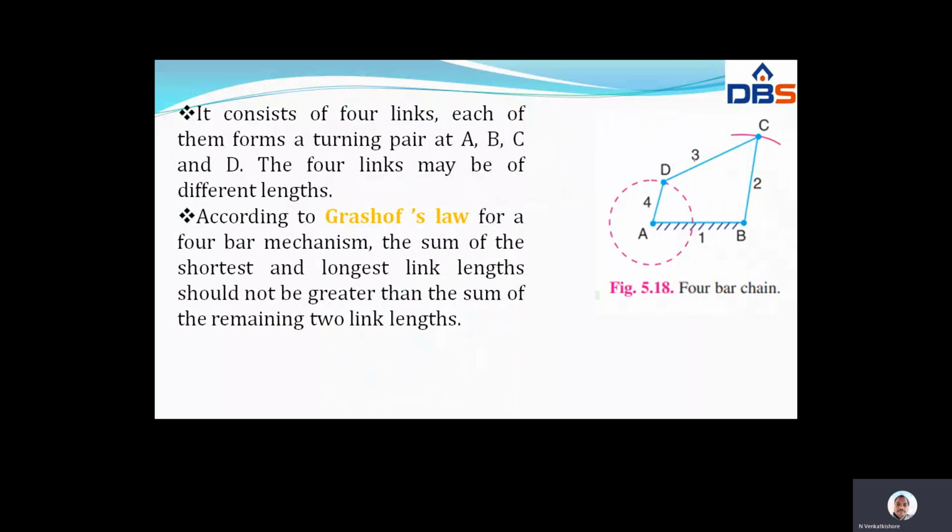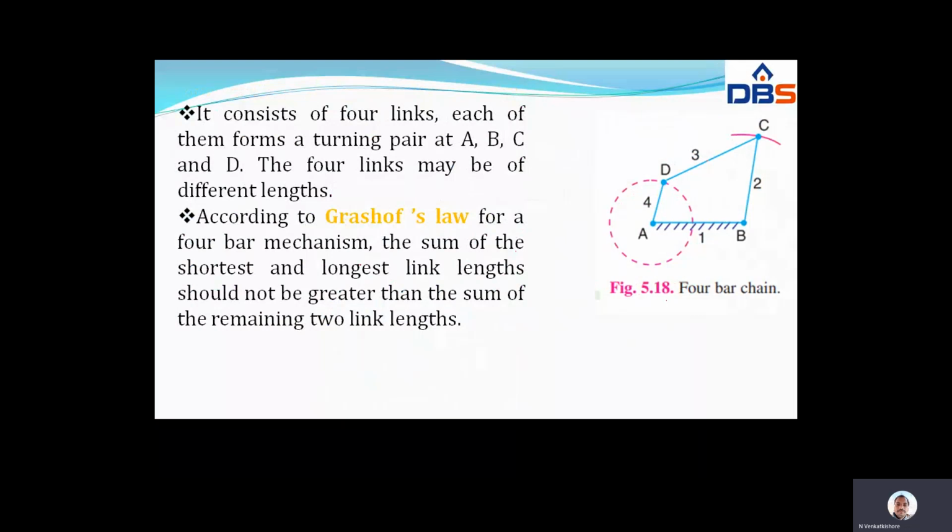Either a turning pair or a sliding pair it has to follow. But the links of the 4-bar chain will be of different lengths. The first link is not equal to any of the remaining 3 links. At the same time, the fourth link is not equal to the rest of the 3 links.